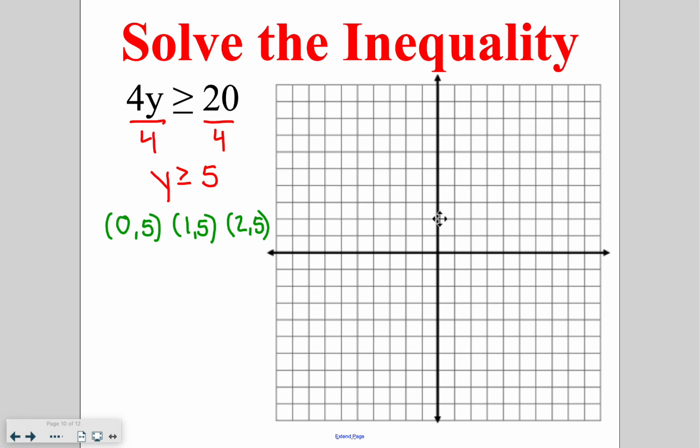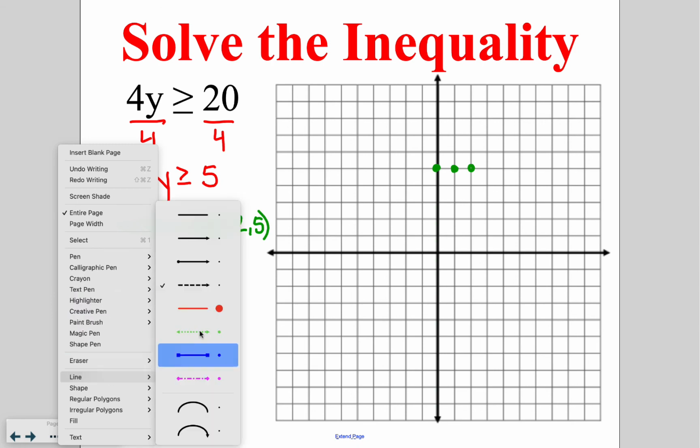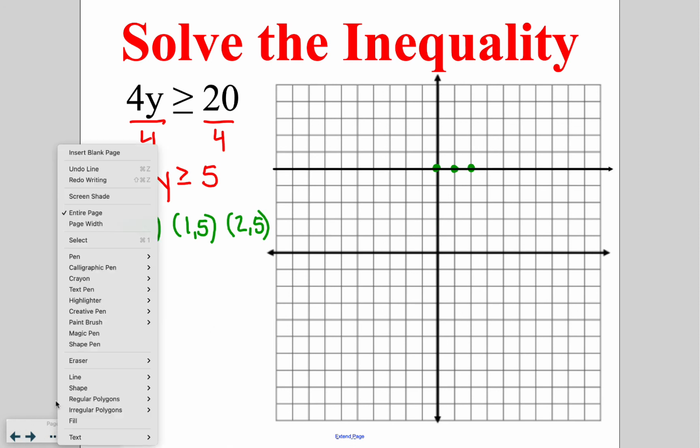So up 1, 2, 3, 4, 5, and then at 1, 5, and then at 2, 5. So we have our graph here. Because we have an equal sign included in our inequality, when I graph, I'm going to use a solid line. So this is going to be a straight horizontal line going all the way across the graph.